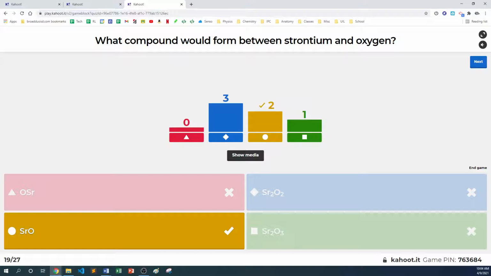So, strontium has a +2. Oxygen has a -2, so they already cancel out their charges. So it's SrO. And we always put the Sr in the front because it's positive, not in the back.